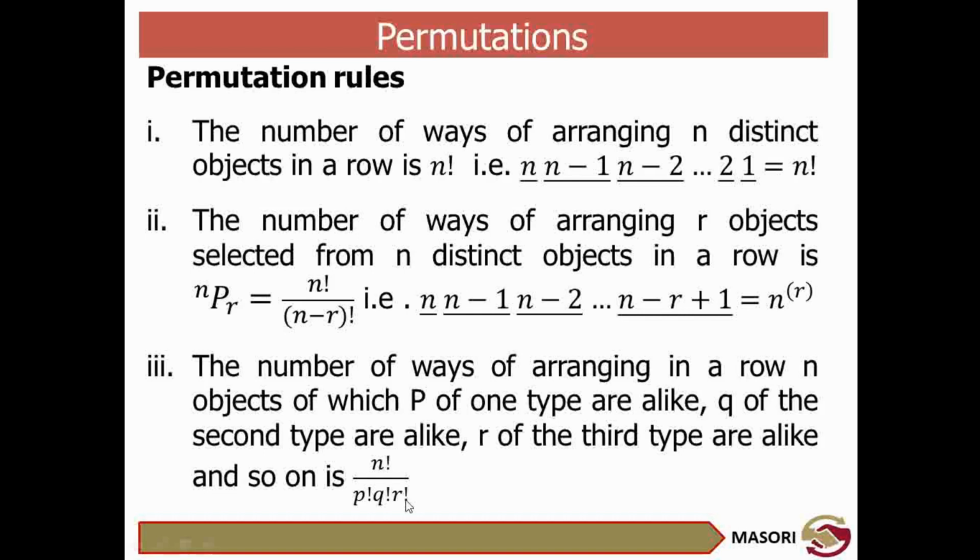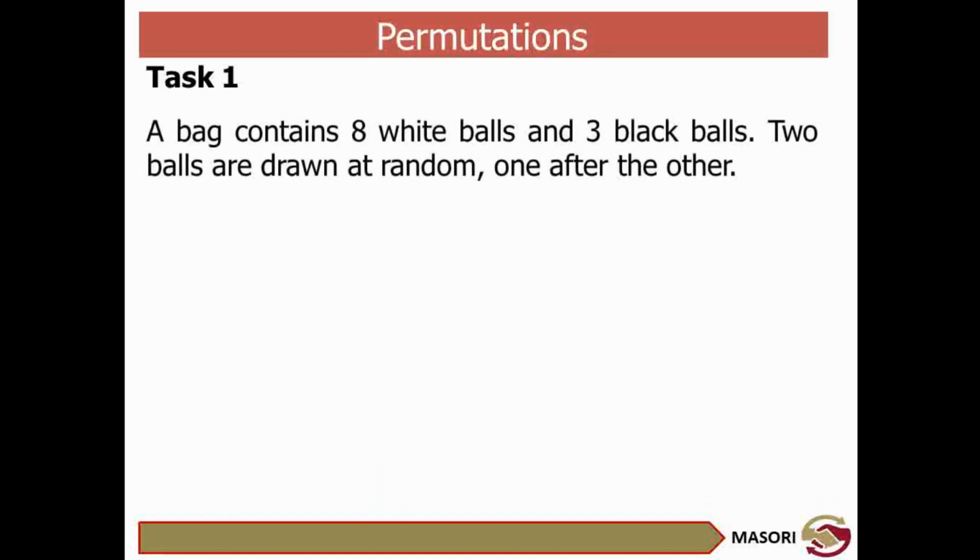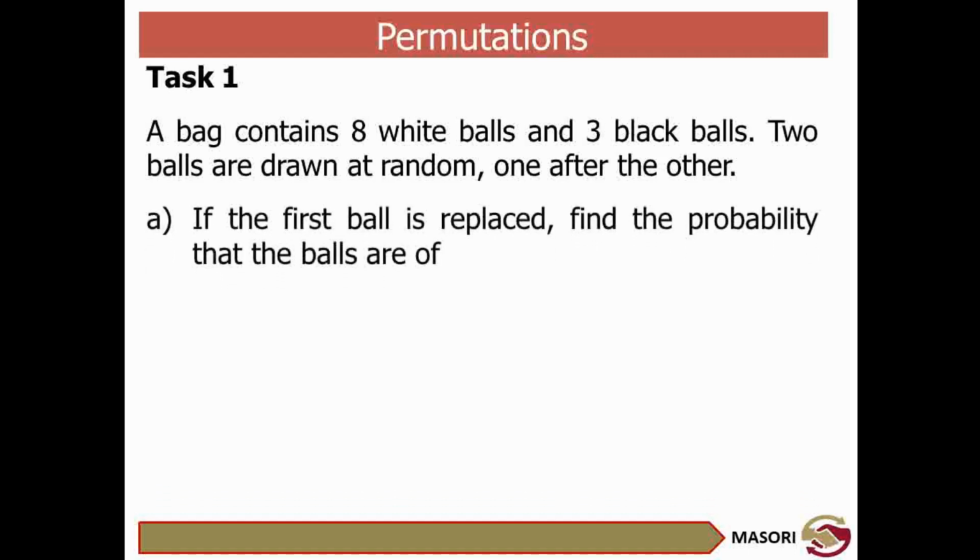Let's look at our first task and see how we can apply counting techniques in solving situations involving chances or probabilities. A bag contains 8 white balls and 3 black balls. 2 balls are drawn at random, one after the other. If the first ball is replaced, find the probability that the balls are of number 1, different colors, and number 2, same color.